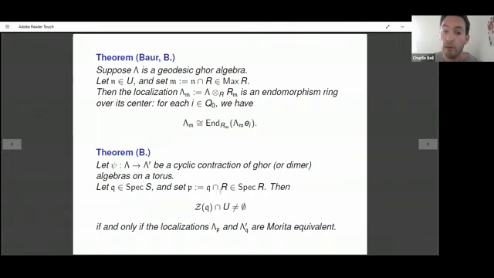So this Noetherian locus is very important in looking at the representation theory of these algebras. There are other similar results in this direction.